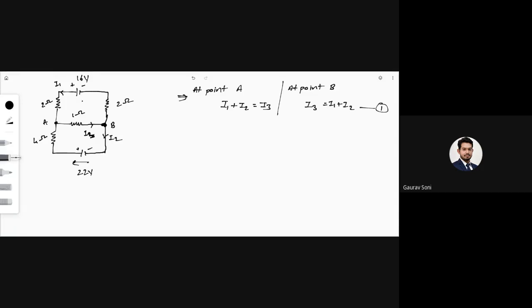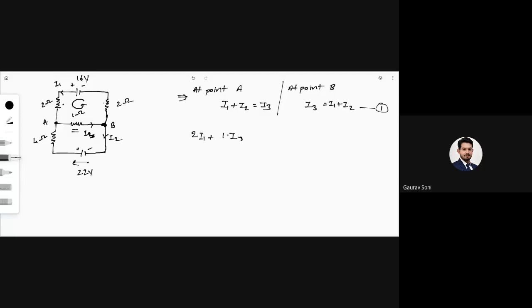So I'll consider this loop like this, and in this loop, 2 times I1 is the voltage drop plus, in this I3, 1 into I3. Oh, I'm so sorry.